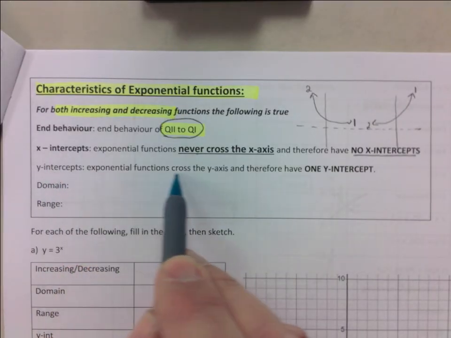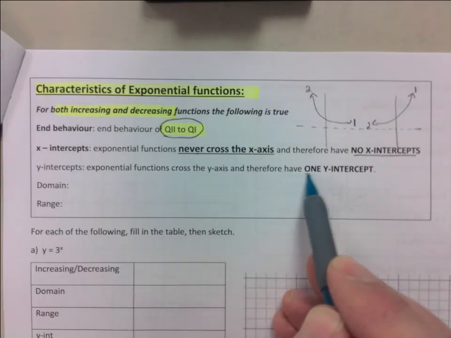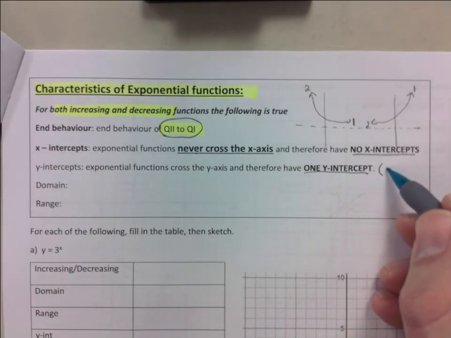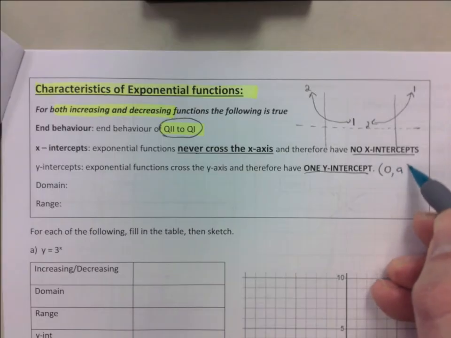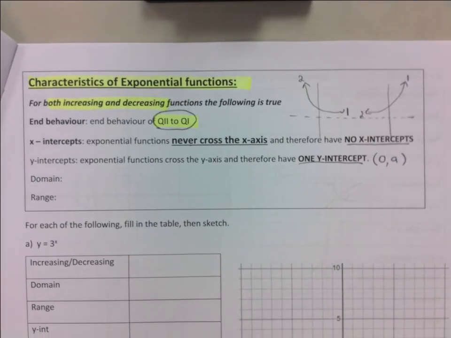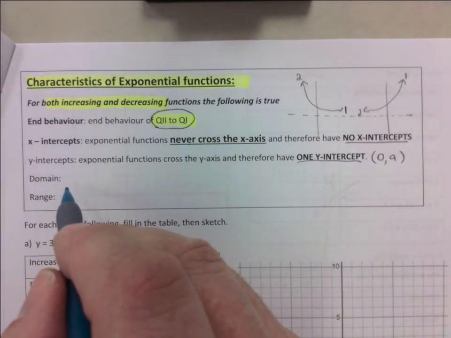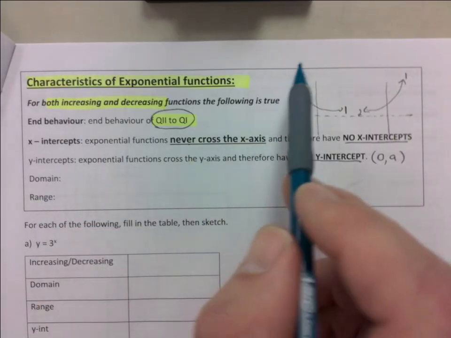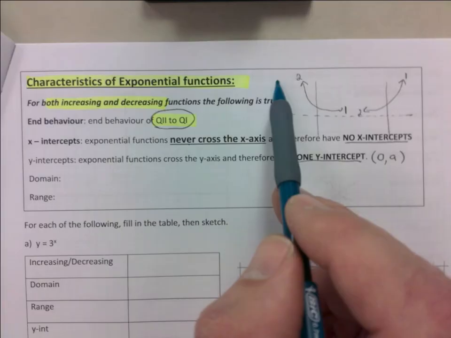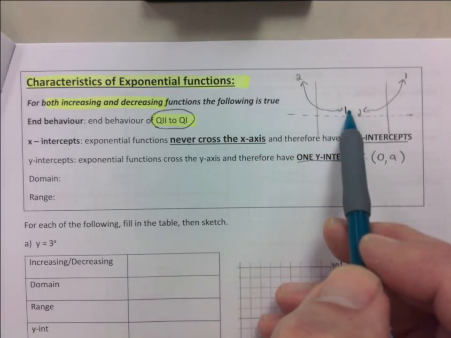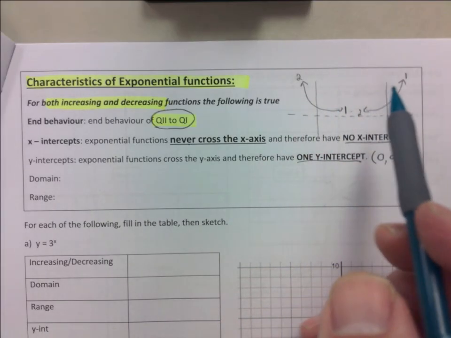Y-intercept: the exponential function crosses the y-axis, therefore has one y-intercept. The y-intercept is always (0, a). Okay? The domain, what do you think the domain is of an exponential? This keeps on going to the left indefinitely, keeps on going to the right indefinitely. So, all real numbers.